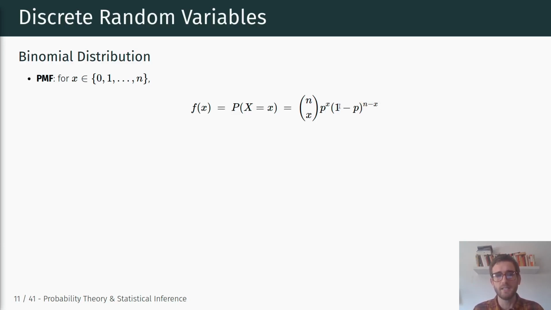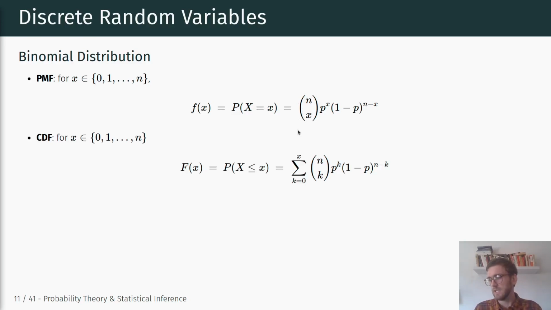We cannot just multiply those two probabilities together, p to the power of x times 1 minus p to the power of n minus x, because we have to take into account all the different possible orderings that we could have for successes and failures. To take that into account, we multiply this by the binomial coefficient n choose x.